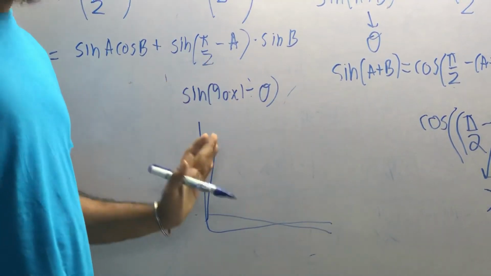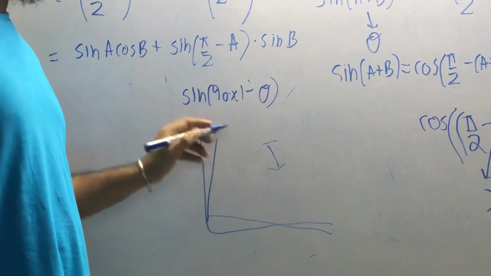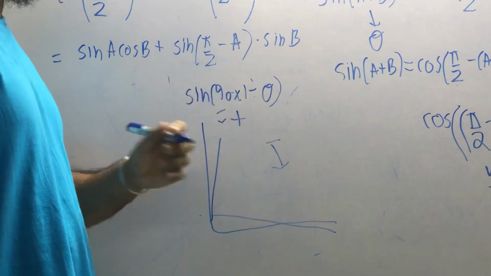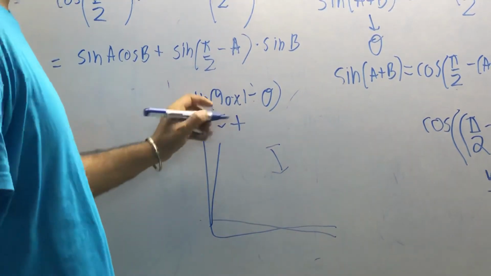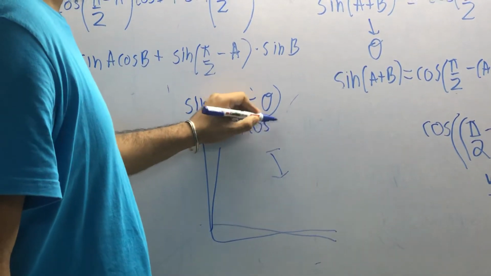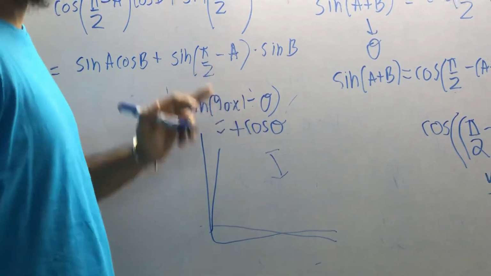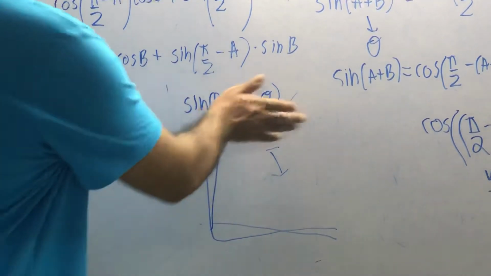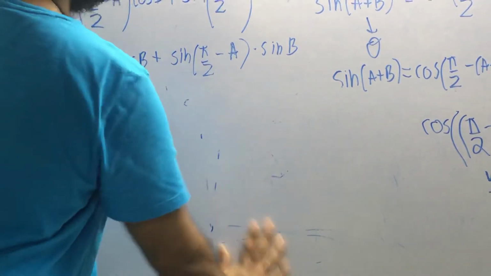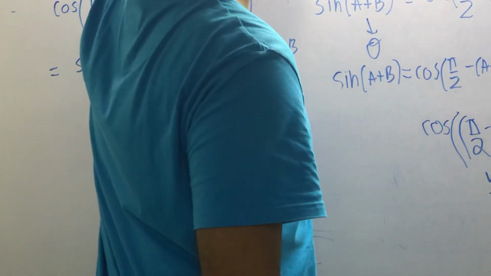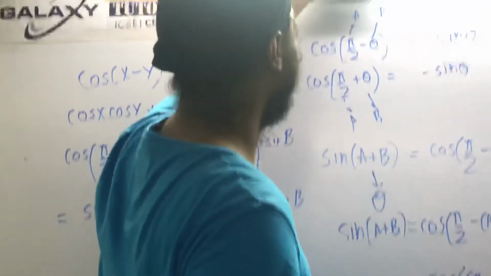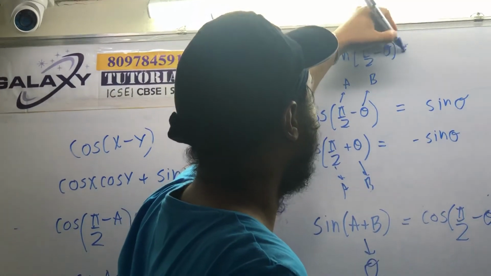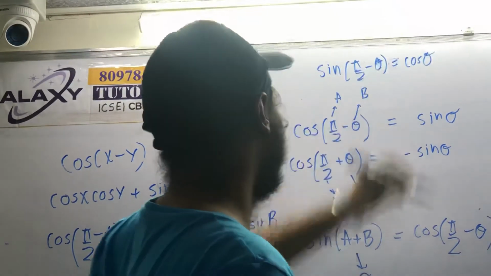So this is the first quadrant, so this will be plus. And since 1 is odd, sine will get converted to cos. So sin pi by 2 minus theta is equal to cos theta.